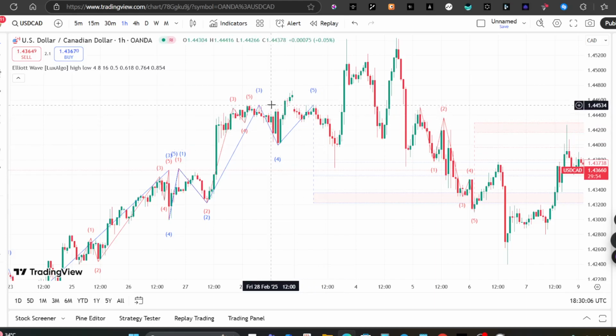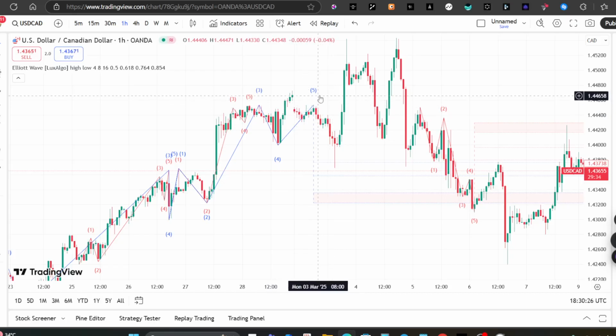But what do we have happen here? Can you see that? In cases of truncation, wave 5 often falls short of this target, creating a flat or even downward price movement. So pay close attention to this. If you expect the market to push higher and it doesn't, truncation may be in play.